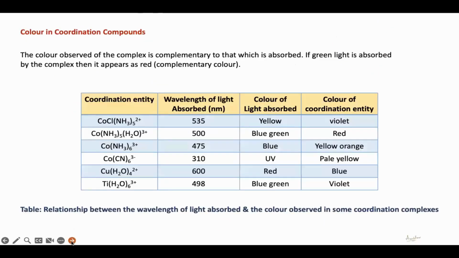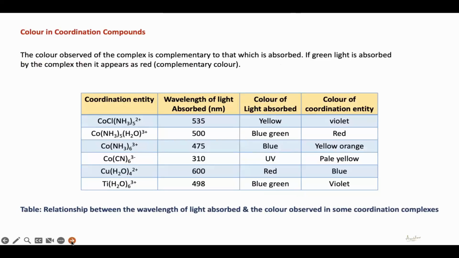Now we shall come to the part of color, the color in coordination compounds. Color is a very important property found in coordination complexes. In the previous unit, we learned about one of the most distinctive properties of transition metal complexes, the wide variety of colors.